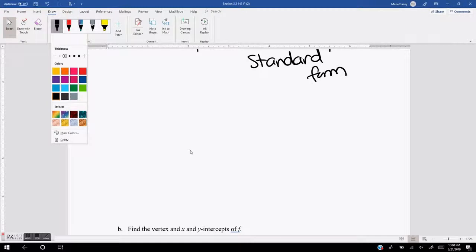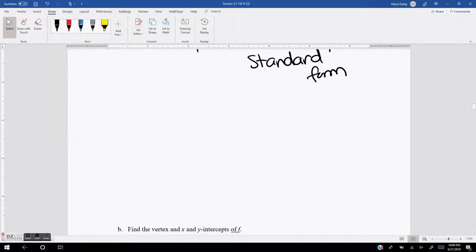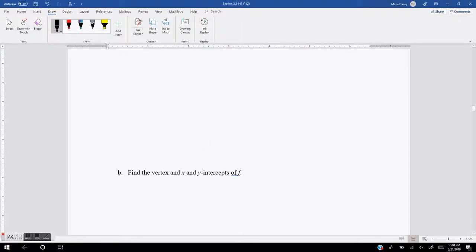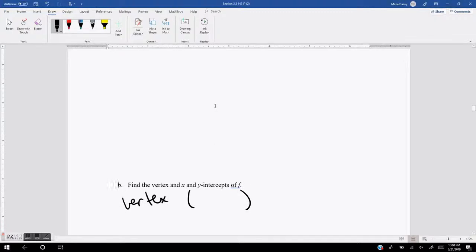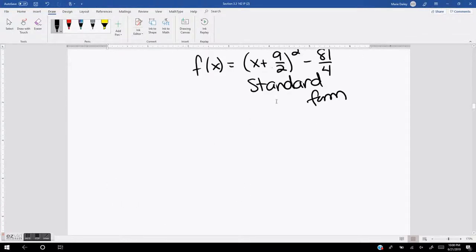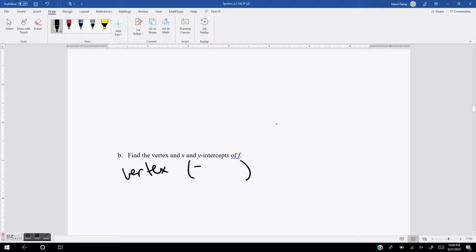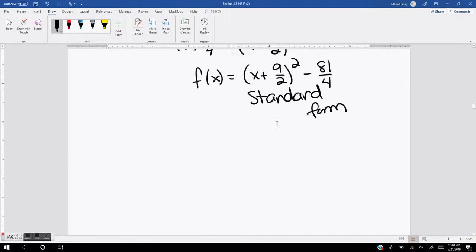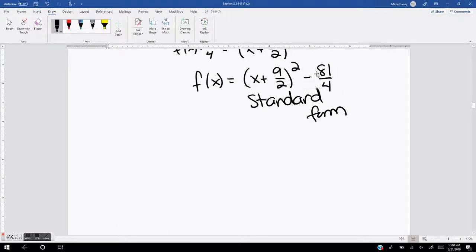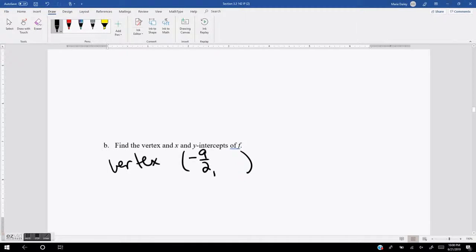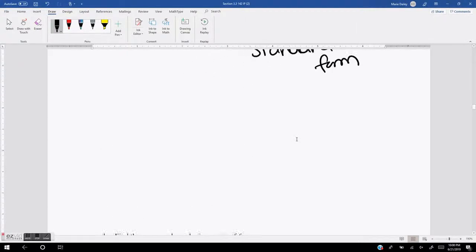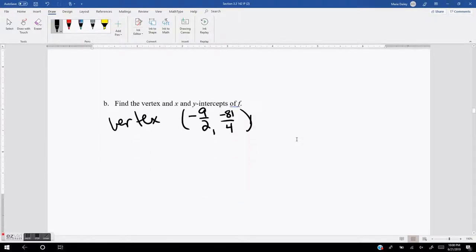On the inside of the parentheses, we change that sign, so that's the x-coordinate of my vertex, negative 9 halves. And the y-coordinate of my vertex is the outside term here, and we do not change that sign, so that's negative 81 over 4. So there will be my vertex.